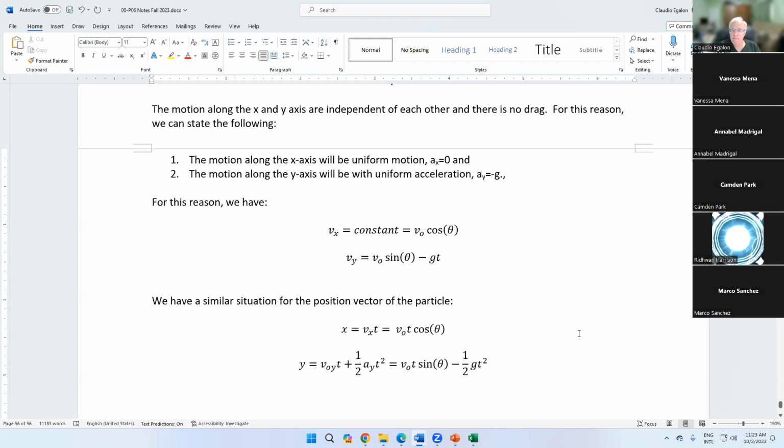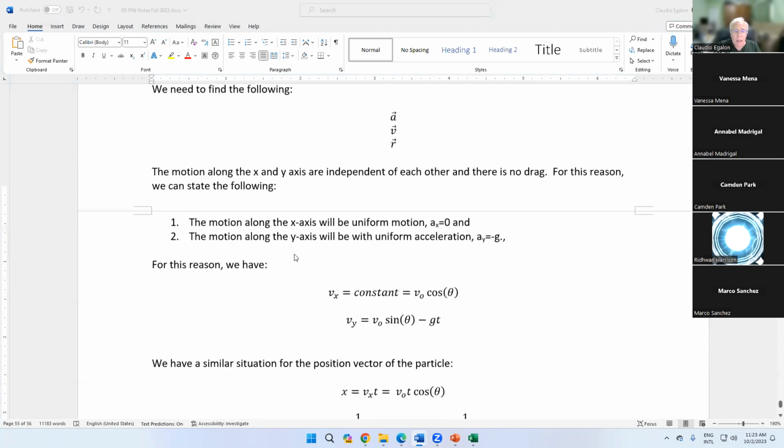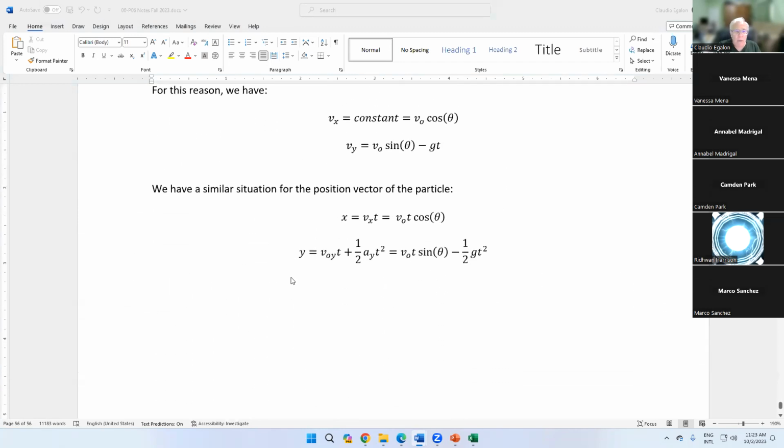That's all. And now we're going to work out the consequences of those equations. Let's see, we have x and y here.